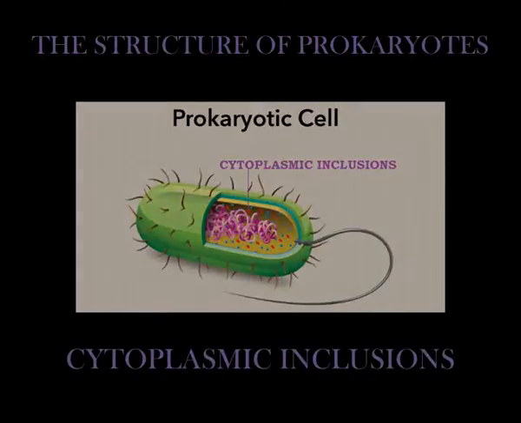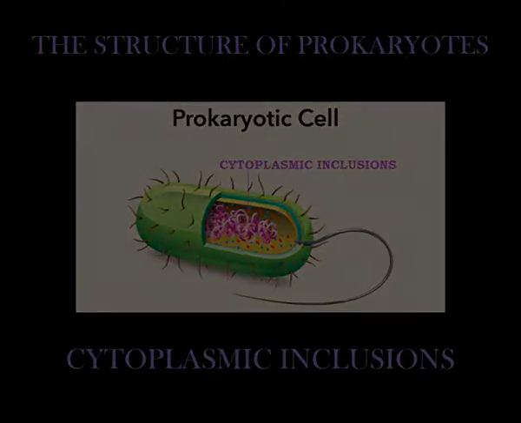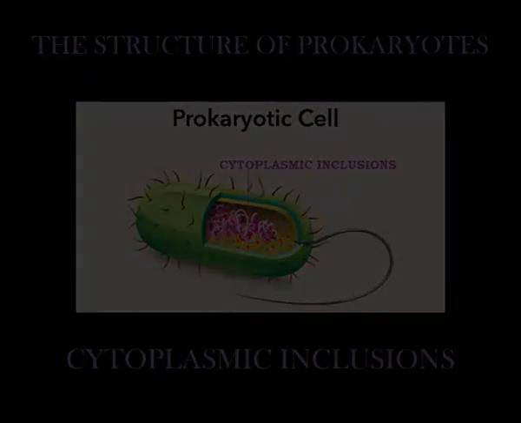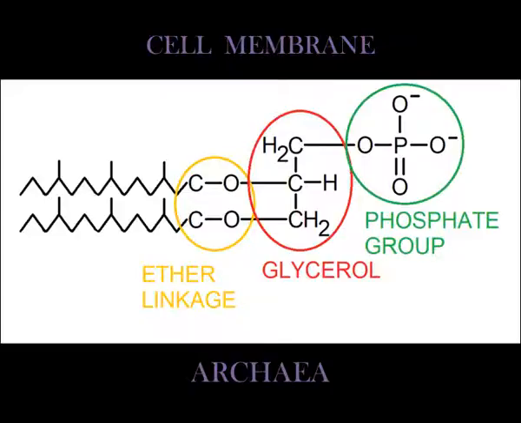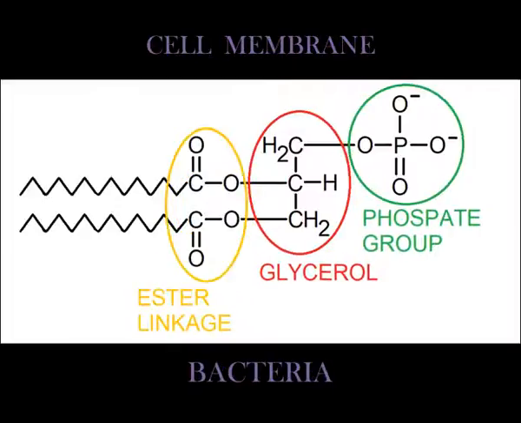Let's take a look at how Archaea and Bacteria are different and have their own kingdoms. Cell membrane. In Archaea, the cell membrane is formed by ether-linked lipids. In Bacteria, it is formed by ester-linked lipids.